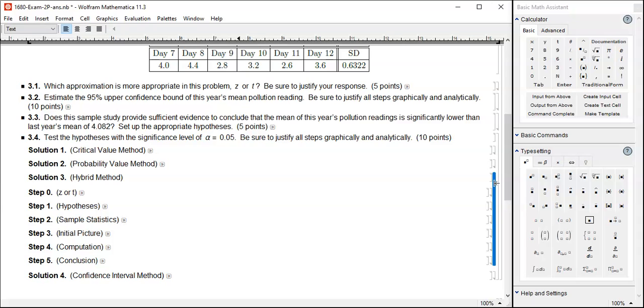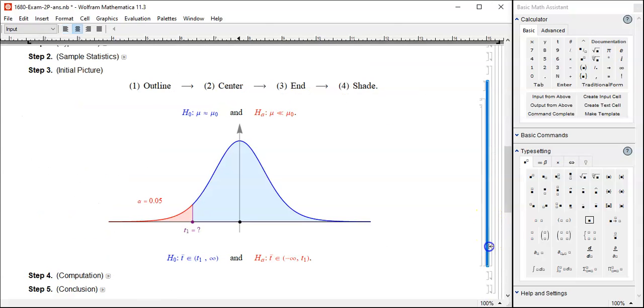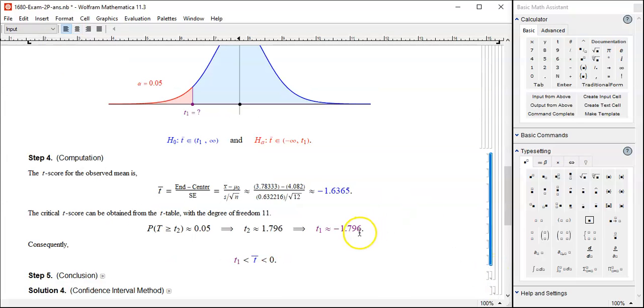Hybrid method, that's a little bit better, but still. A little better, I mean the students who chose this method did a little bit better. That's what I meant. Okay, the initial picture is kind of similar to that of the critical value approach, except that this is the standard t-curve, now starting from 0, not from the null, and then this is the t-statistic associated to 5% to the left, negative 1.796.